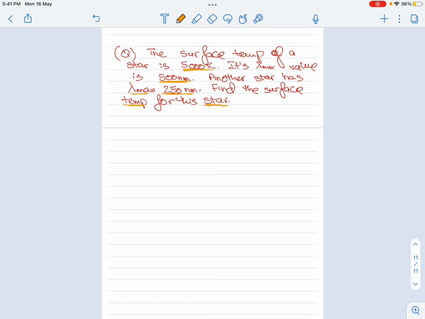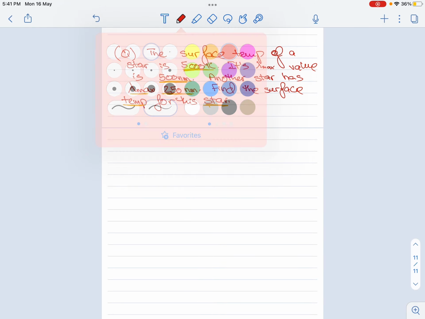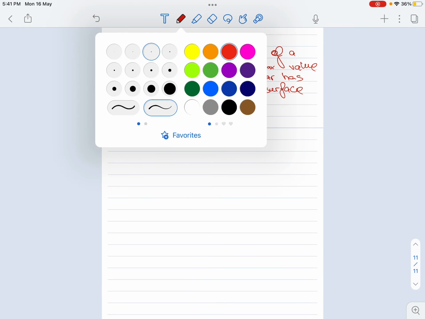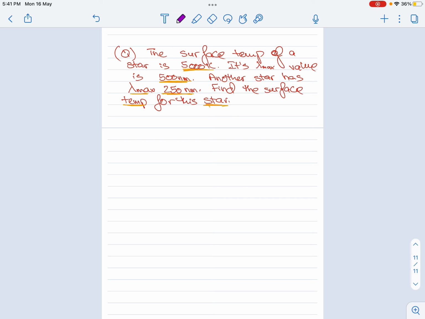So again, we'll make 2 equations. We'll use the Wien's displacement law. So we're not finding the radius, but we're finding the temperature. So we'll use the Wien's displacement law, which goes like T equals 2.9 times 10 raised to the power minus 3 upon wavelength max.